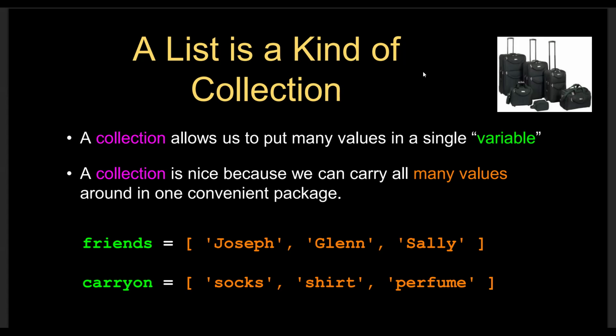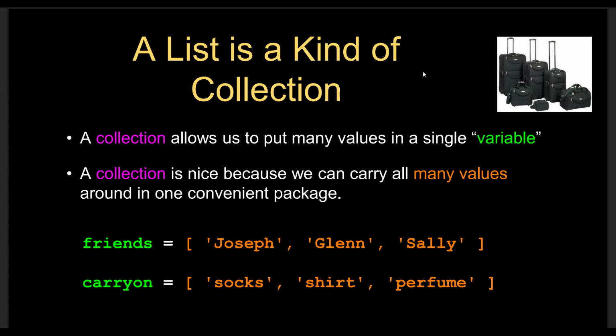We can store as many values as we want, and you can also store various data types like int, string, and other data types in this collection. That's why it's a beautiful concept in the Python data structures, all in one convenient package.